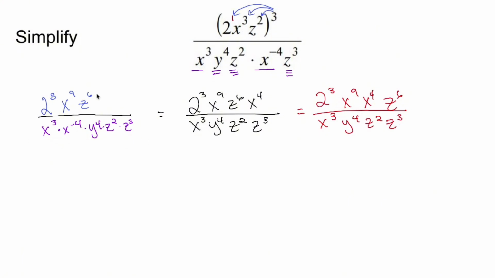If you have terms of the same base next to each other, deal with that first. 2 to the third is 2 to the third, leave it for now. X to the ninth times x to the fourth are terms of the same base. If you're multiplying terms of the same base, add the exponents, x to the 13th power. Z to the sixth.